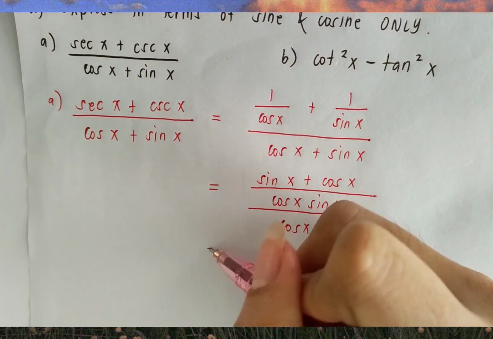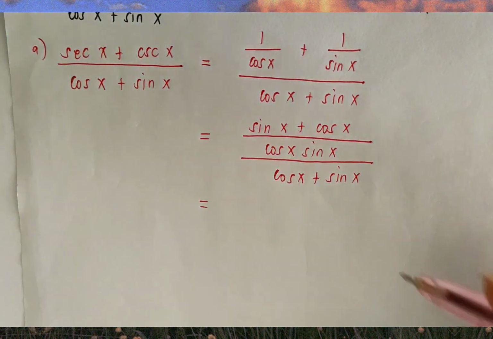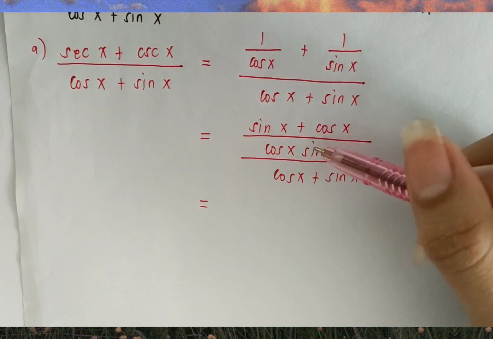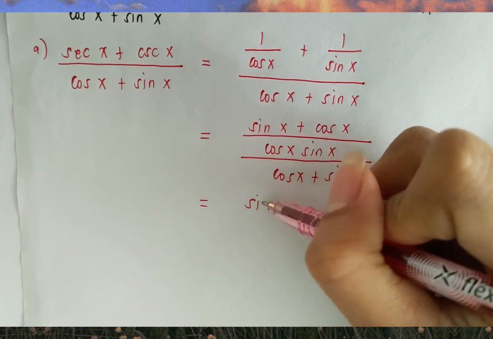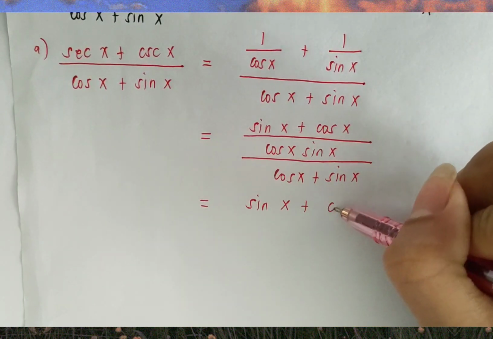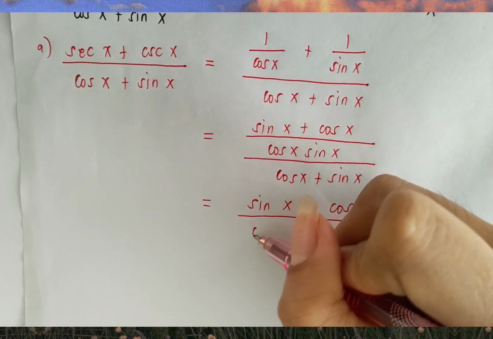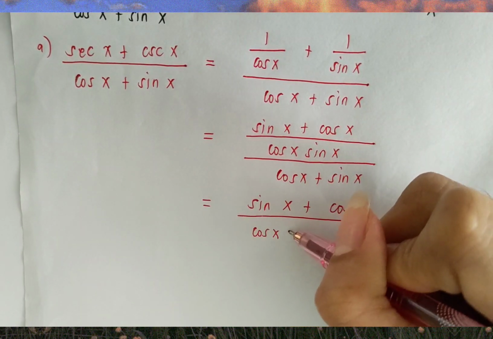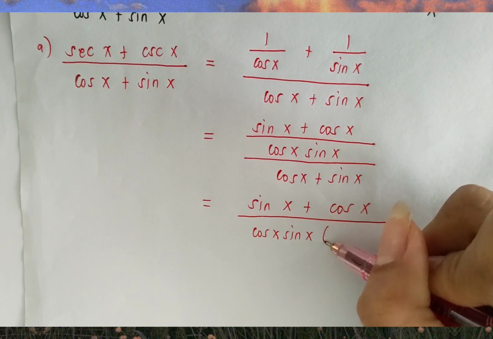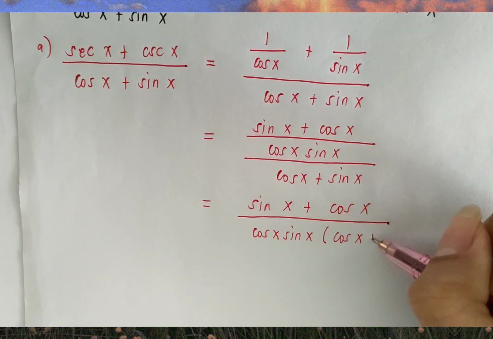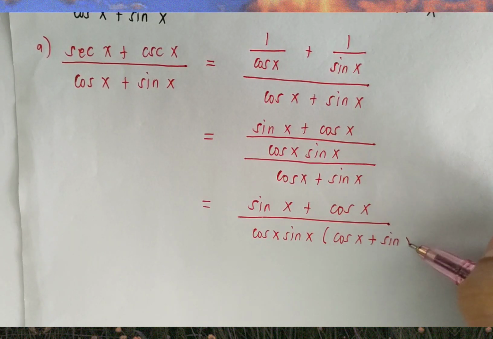Okay, let's simplify. We have here sine x plus cosine x all over cosine x sine x times cosine x plus sine x.